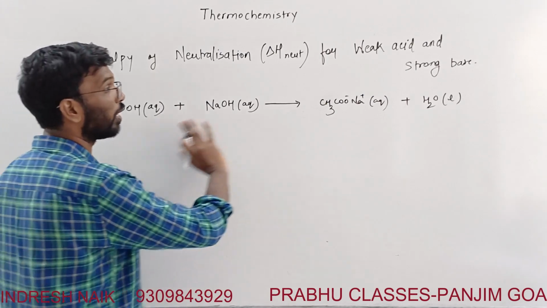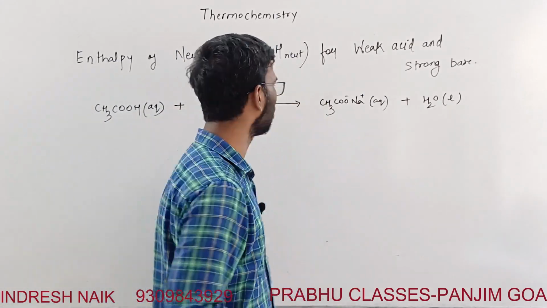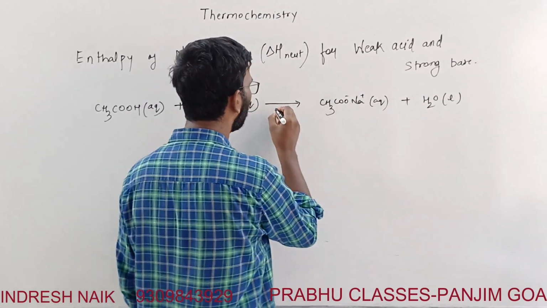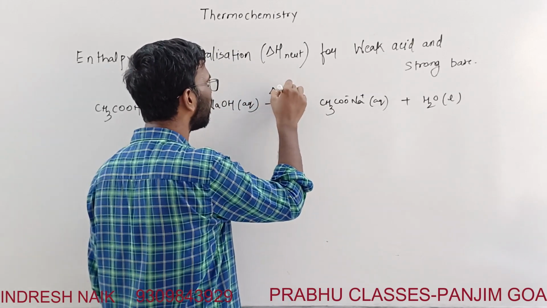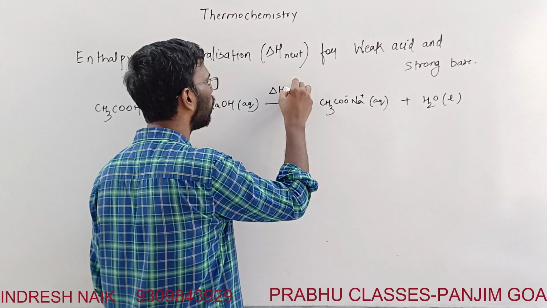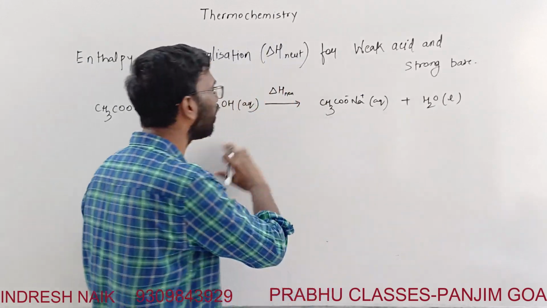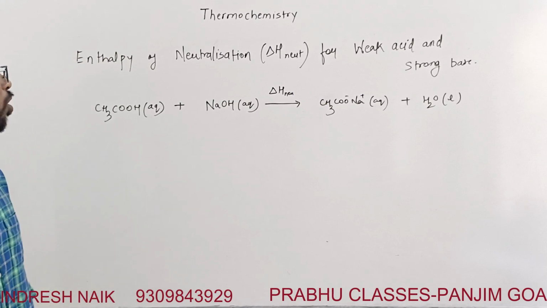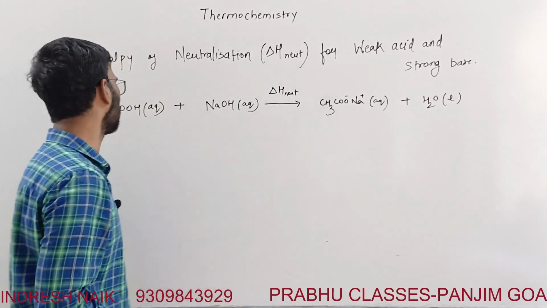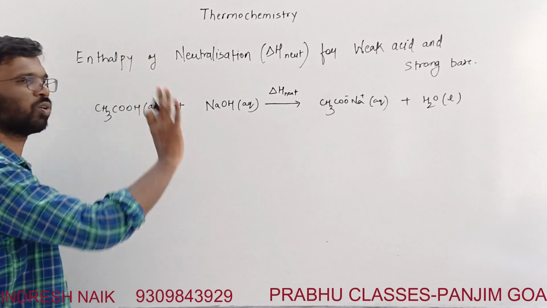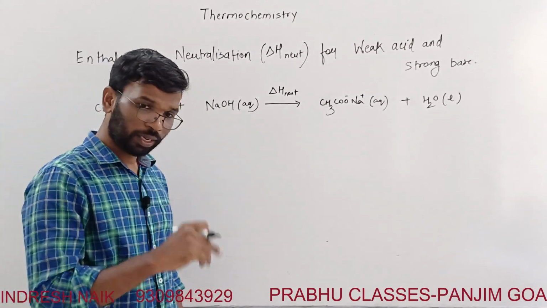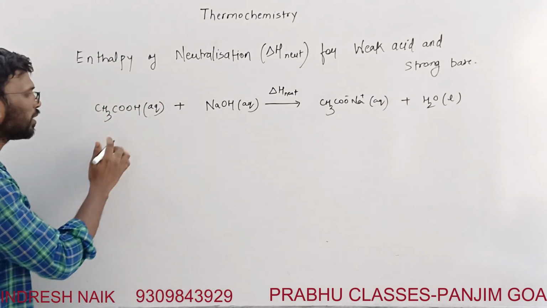Whatever enthalpy of the reaction I will write for this is the enthalpy of neutralization. Heat released over here will be the enthalpy of neutralization, because this is also 1 gram equivalent, this is also 1 gram equivalent, right? Now this is aqueous.